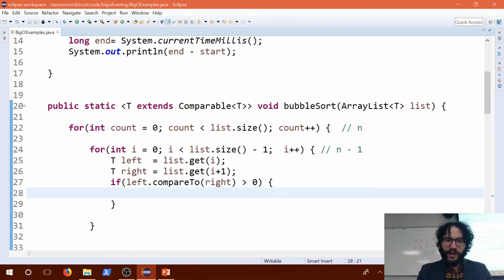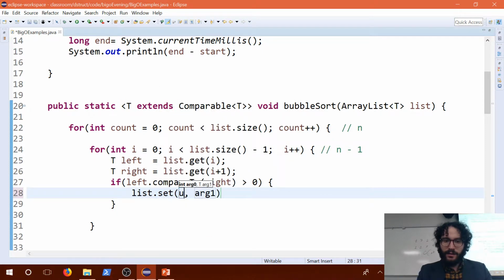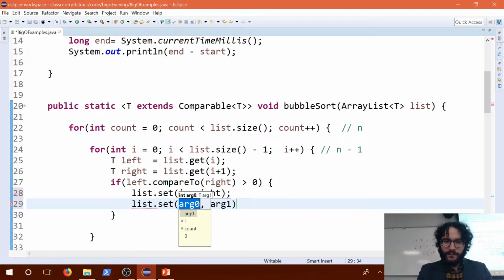So we'll just simply say list.set index i, so the right should go into index i, and the left should go into i plus 1. Now you may be going, why? Normally you need a temp variable to swap these guys, right?